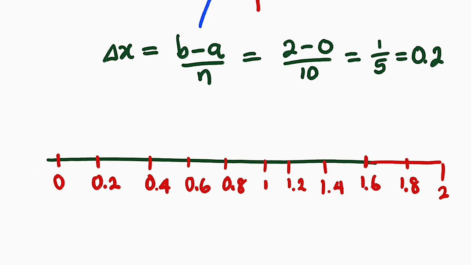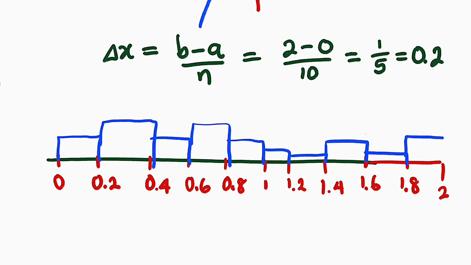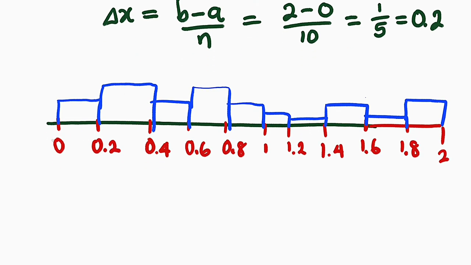So now let us construct these rectangles randomly. It doesn't have to be accurate. Something like this. So to compute the area of each rectangle here, you take the base and multiply by the height. And remember, they all have equal bases, 0.2.